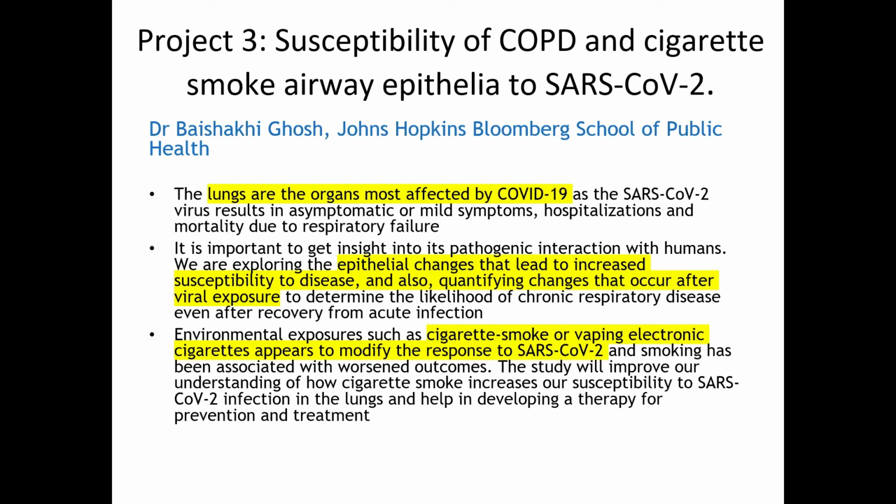So it's the ability to combine all the knowledge that Johns Hopkins have on the cigarette smoke and vaping model that they've already done, and then combine that with the system that will look at how the COVID virus is then picked up by this model.